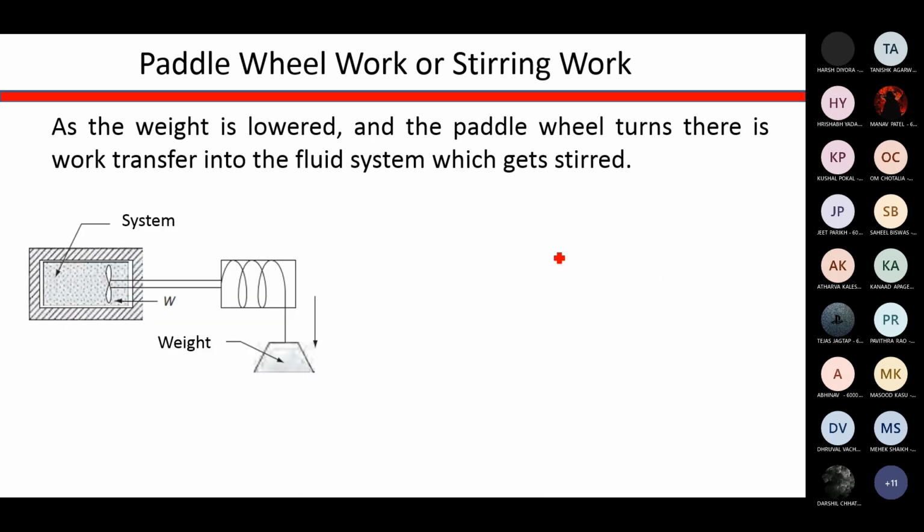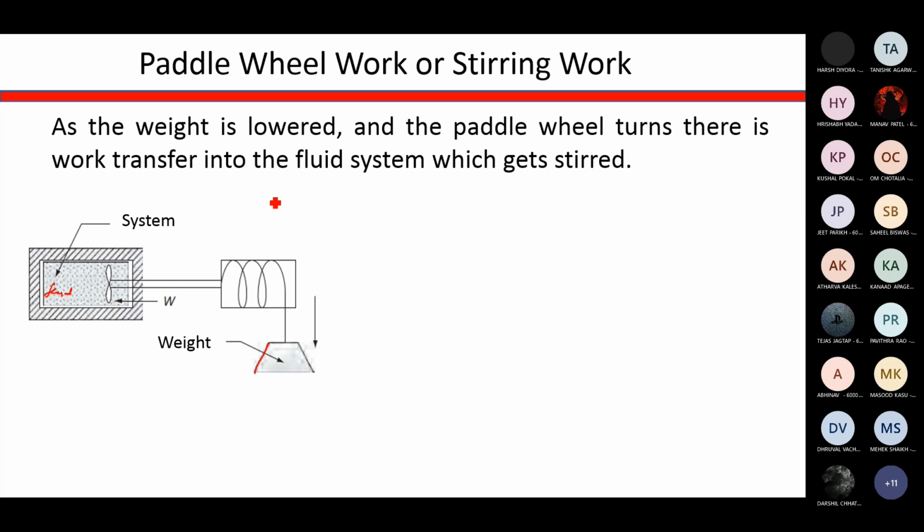Now, next is the paddle wheel or the stirring work. Now look at the diagram. So we have a system like this. Let us say some fluid is there, and there is one fan here, or the stirrer you can call it, and this is connected to this weight arrangement using the shaft.